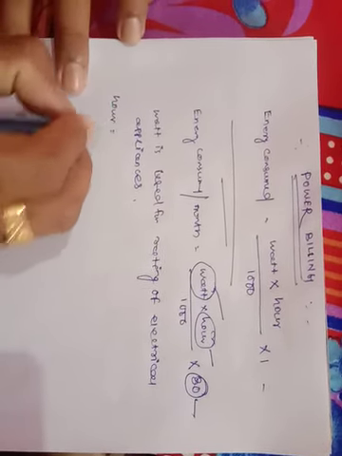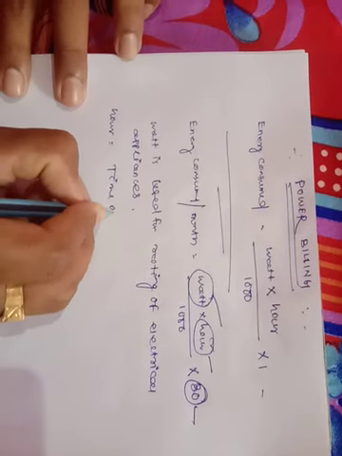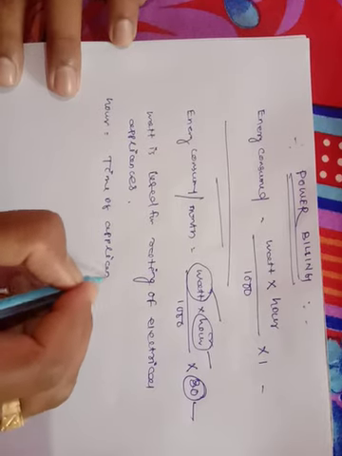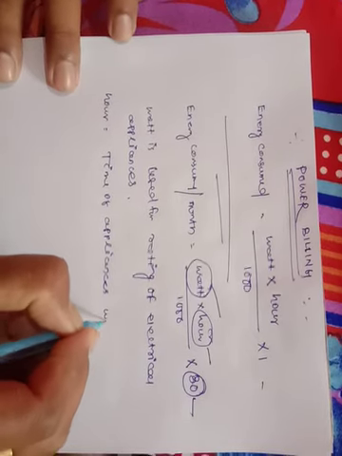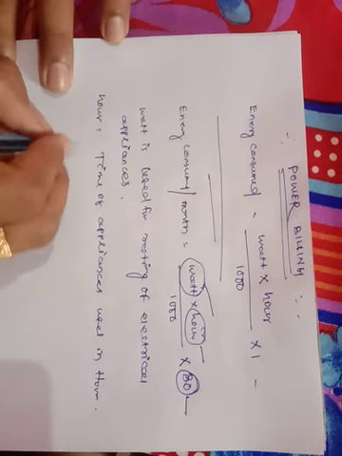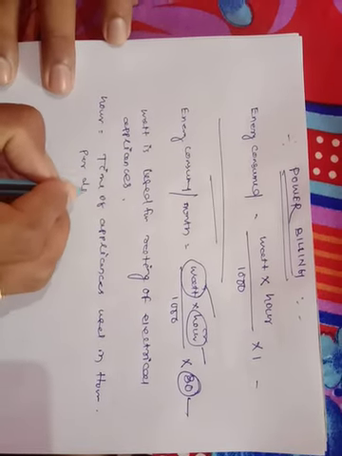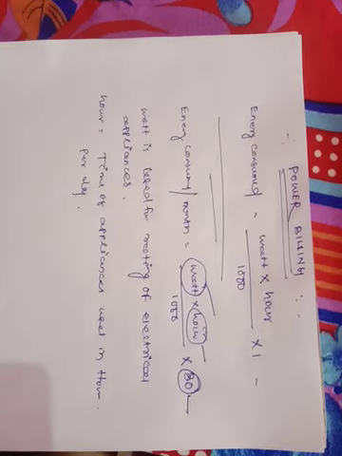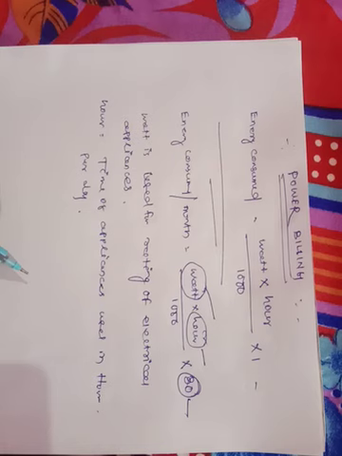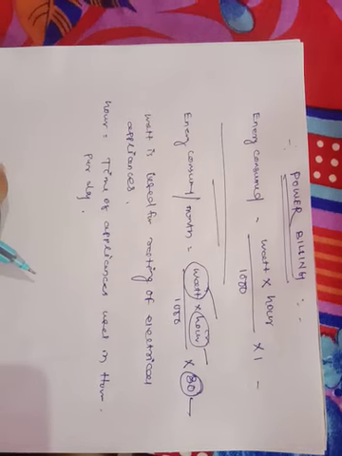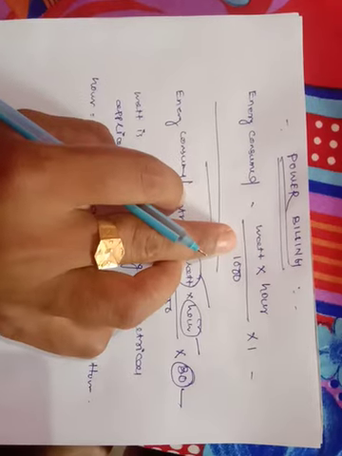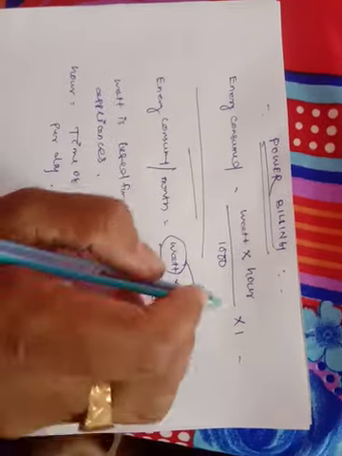Hour equals the time the appliances are used in hours per day. As I have already told you, the formula of power consumption is watt into hour divided by 1000 into 1 if you take it per day.